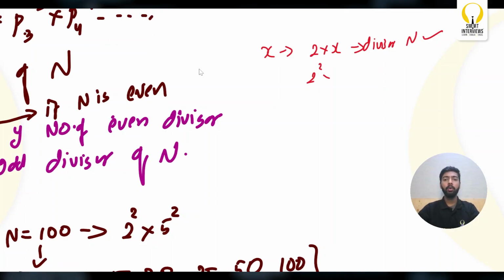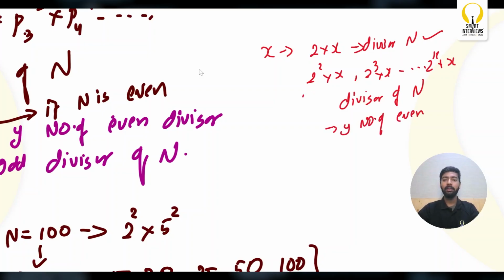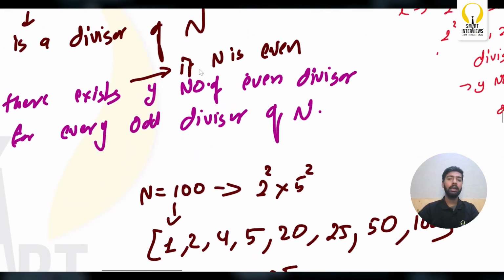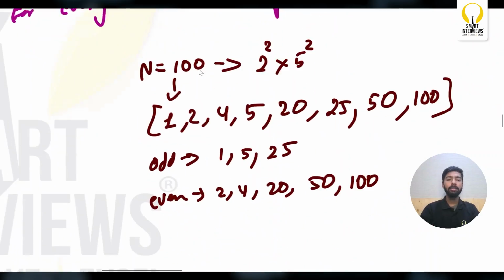Similarly, 2 power 2 into x, 2 power 3 into x, so on till 2 power k into x can be divisors of n. Let's see the limit. These are nothing but, let's say, y number of even divisors of an odd divisor of n. Again, the condition is n should always be even. Now let's see.